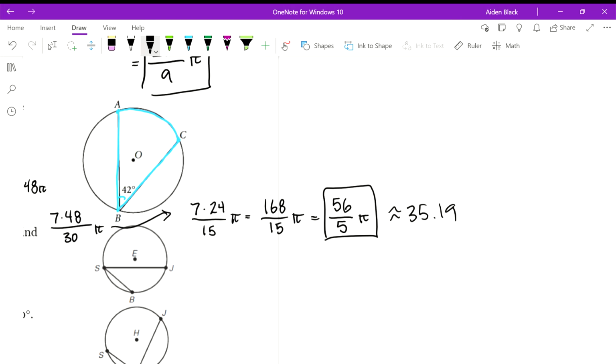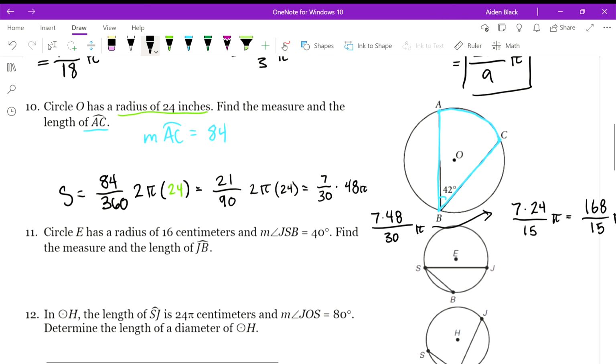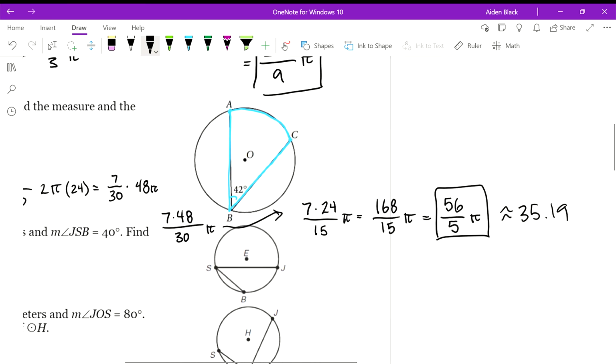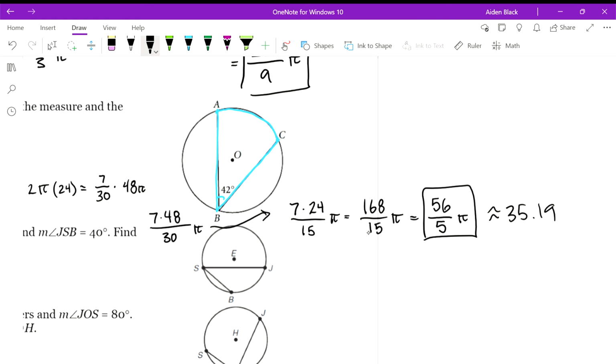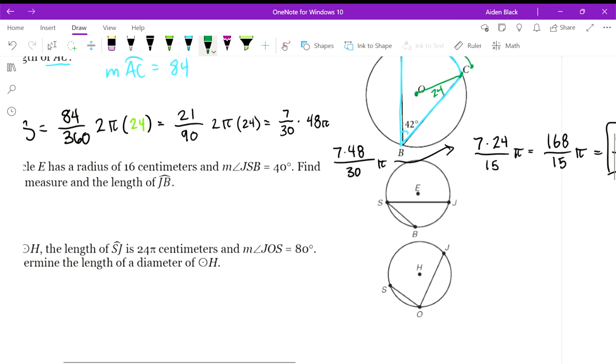Is it reasonable that if the radius is 24 inches, that A to C is 35.19? I would say probably it's not that unbelievable, right? It's believable. But there are more ways to check, of course, but let's move forward.